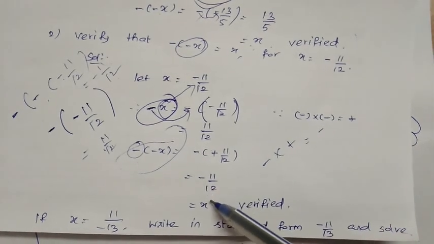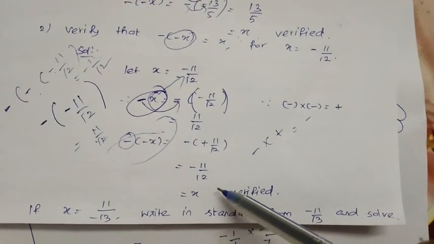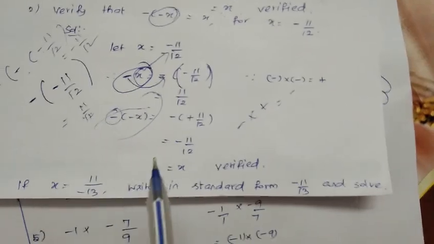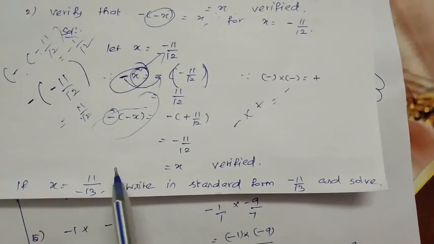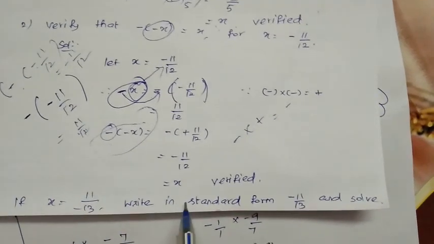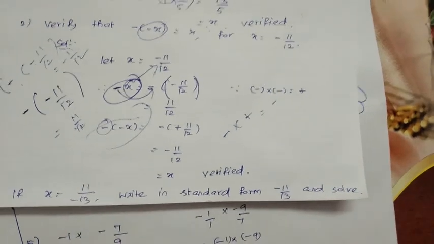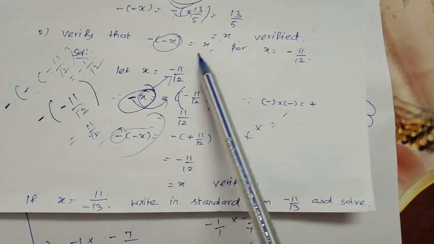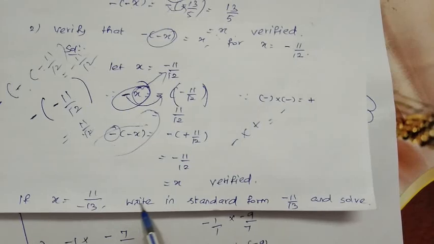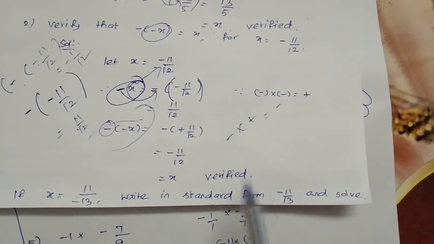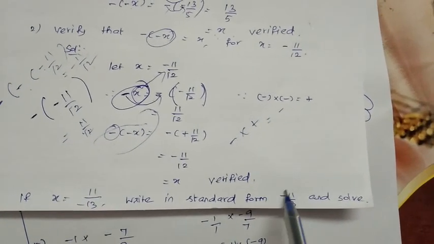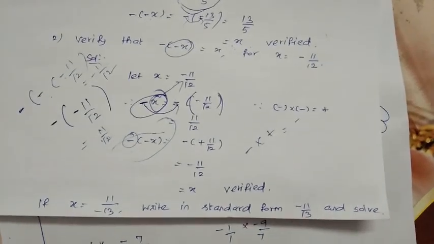So minus into plus is minus, so minus 11 by 12 is the answer. Suppose the problem like that, if x equal to 11 by minus 13, so we need to solve. To verify minus of minus x equal to x, first write in standard form. Standard form is minus in numerator, so minus 11 by 13. So always write minus in numerator.